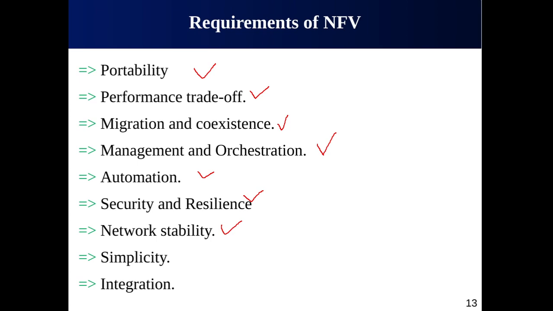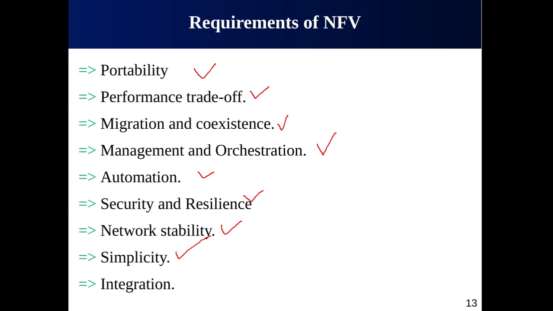Sometimes you would need to migrate the virtual machines. Sometimes you would need to reconfigure events. So all these factors must not affect the stability of your network. Or you can say your system must be available during maintenance or during different configurations. Or you can say your network cannot fail. It must resist different types of attack. Simplicity is at the heart of NFV.